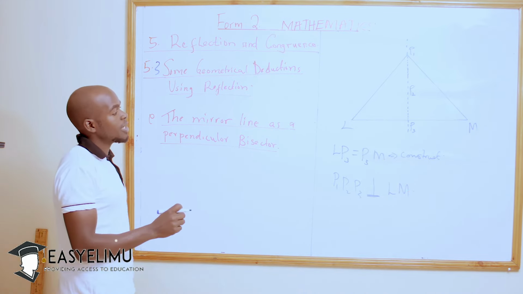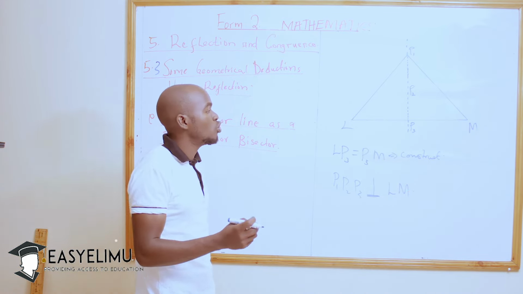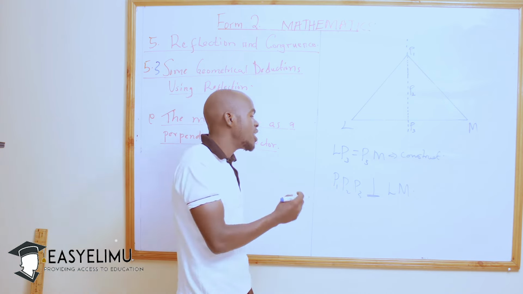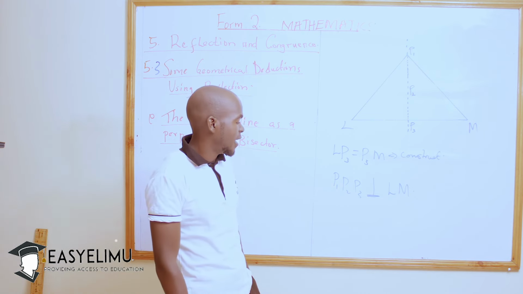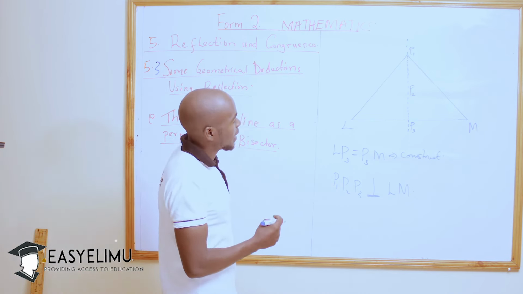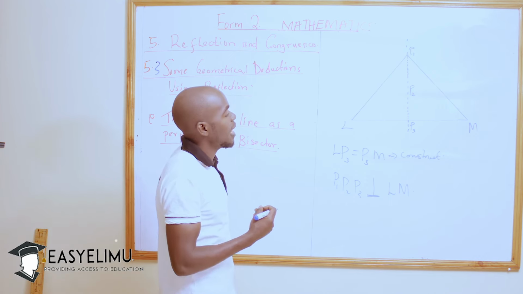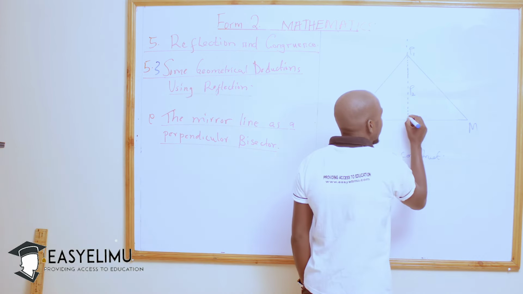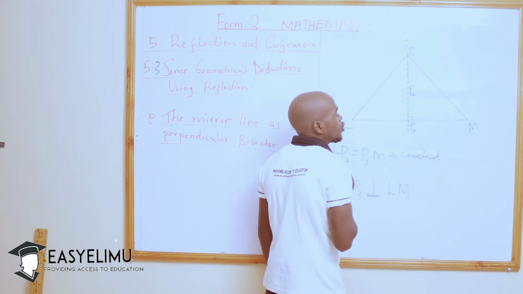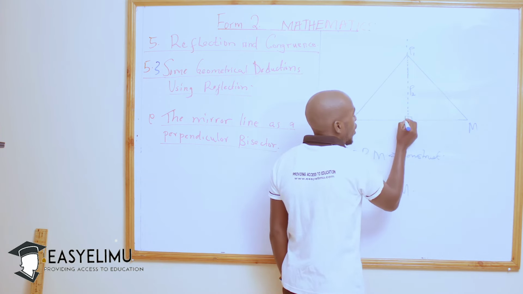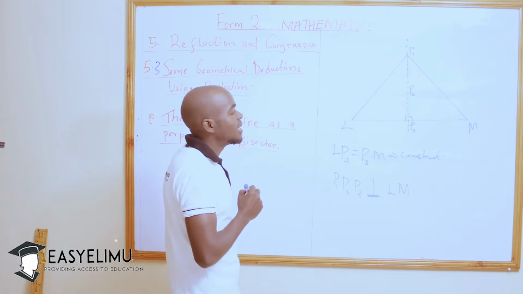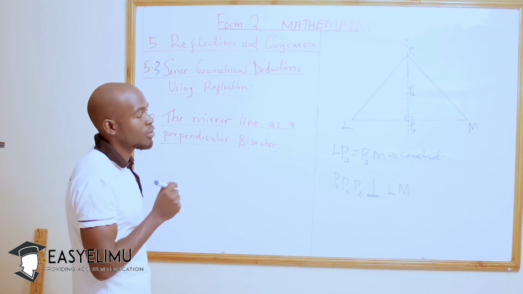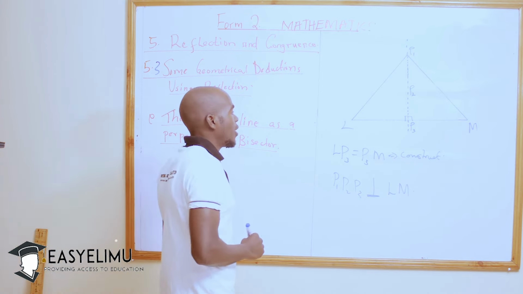So meaning it bisects line LM into two equal parts, meaning it's a perpendicular bisector. So if that is the case, then at this point we shall have a 90 degrees angle.